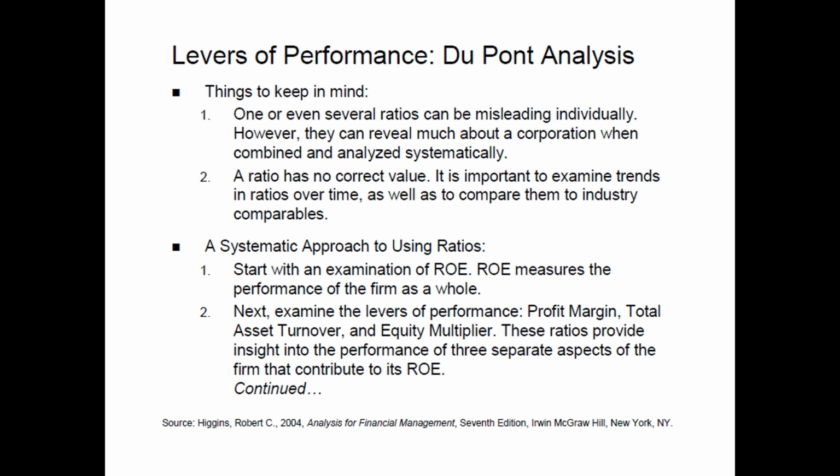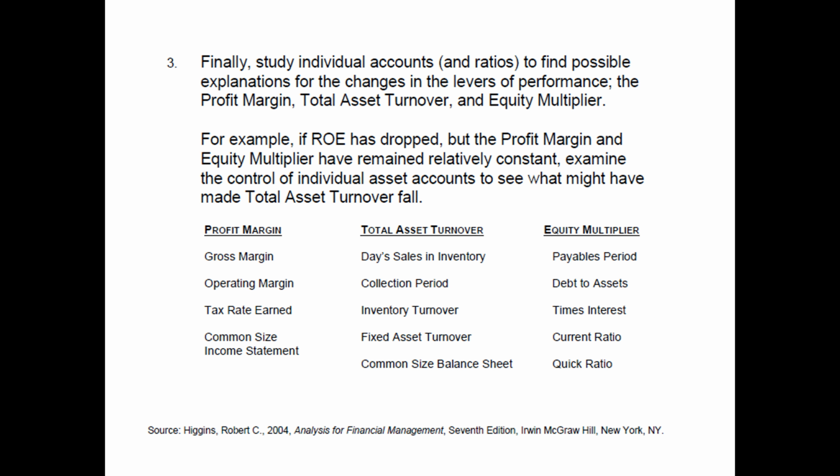Some things to keep in mind. We have to always look at things in context. We should always look at original source data because there might be some things in the company's financials that are distorting year over year some of the numbers. There's not necessarily correct values. We have to, again, look at it in context. We want to look at that sort of final score, look at drivers of margin, then also try to rank the categories that are most important.